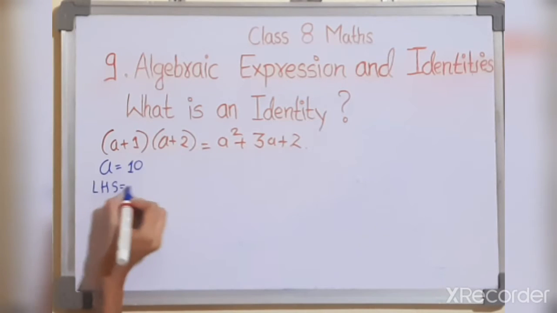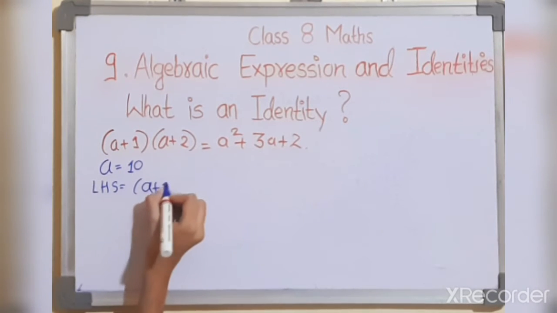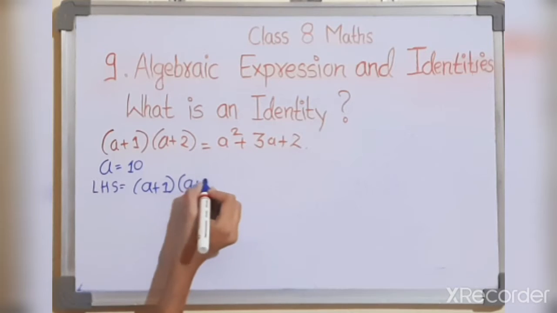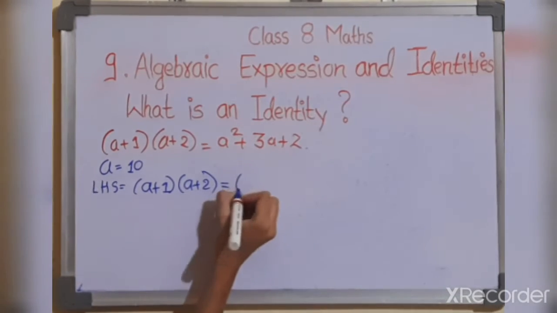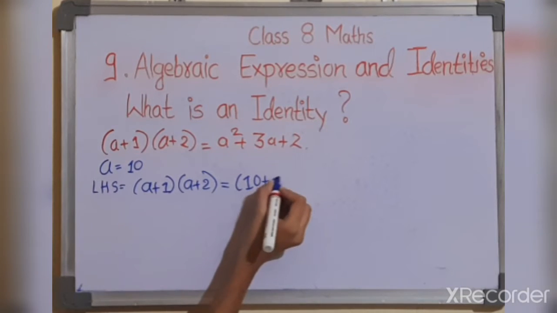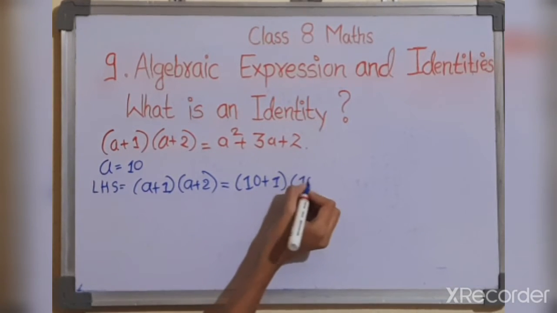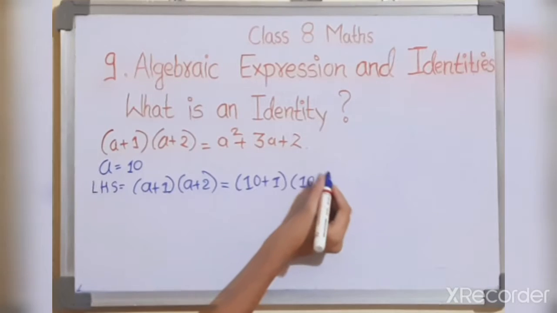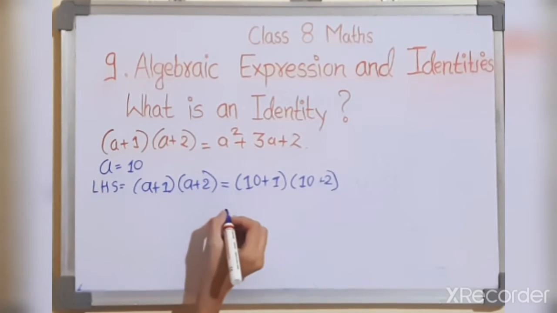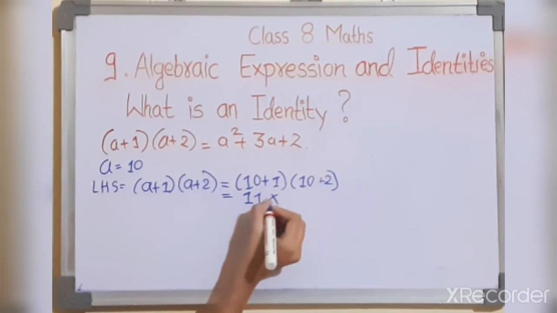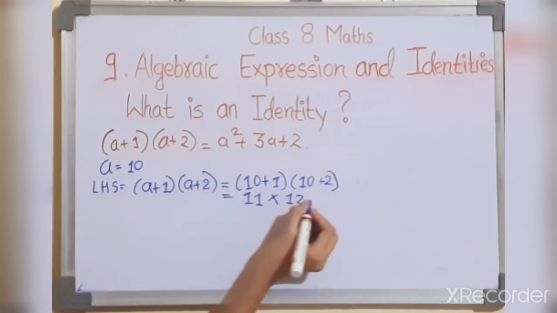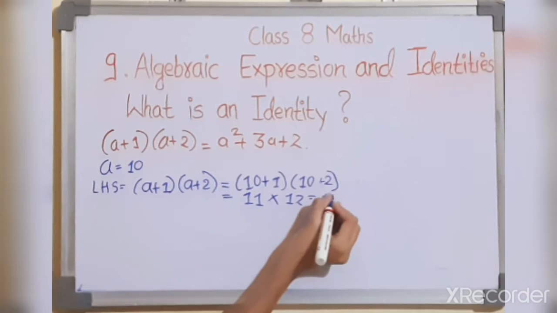The LHS is (a + 1)(a + 2). As the value of a is 10, it is (10 + 1)(10 + 2), which is equal to 11 into 12, that is 132.